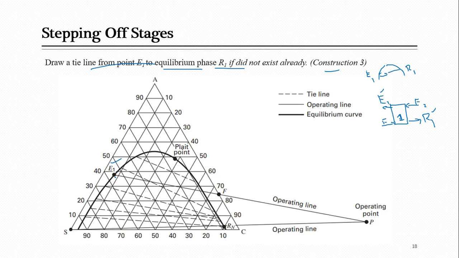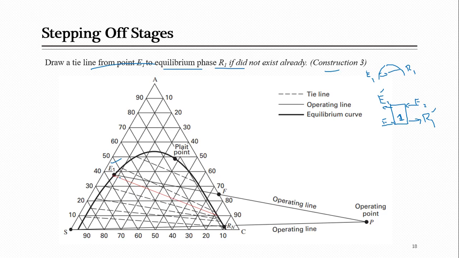Since we don't have an existing tie line here, the better way is to follow the exact method of construction 3 and draw a tie line, but overall we can just draw a tie line passing between these two lines, as we did for the one-stage system when drawing a tie line passing through M while locating E and R. I explained this at the start of this week's lecture: if M was located inside the diagram somewhere between the tie lines, how you have to draw a new tie line connecting E and R.